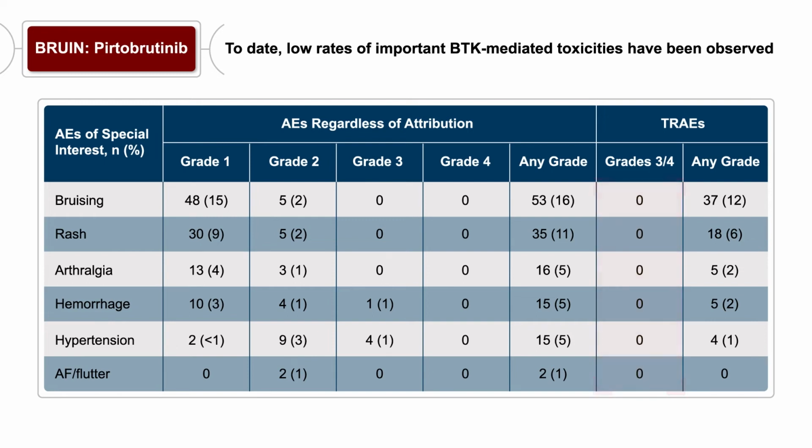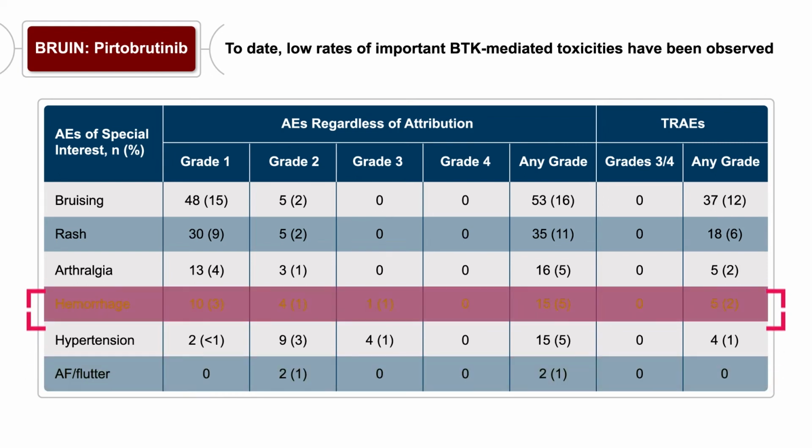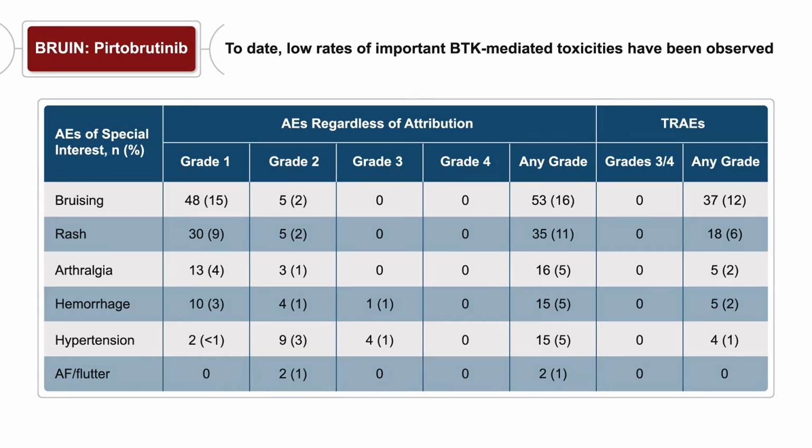In particular, we don't see any significant rates of atrial fib or flutter, or bleeding, again grade 3 to 4, that are common complications known with the covalent BTK inhibitors. This data suggests that a non-covalent BTK inhibitor does have a unique toxicity profile compared to the class of drugs that are currently available in this setting.